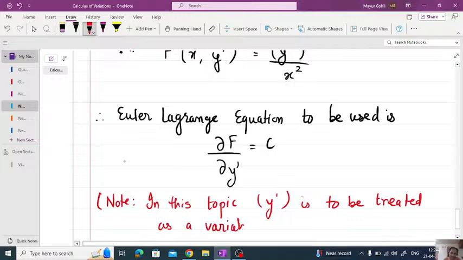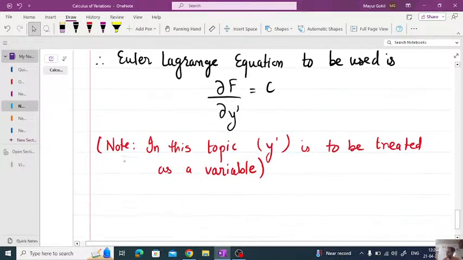Don't give it the meaning of derivative initially. We will give it afterwards. Y dash means derivative, okay, but we will give it that meaning afterwards.